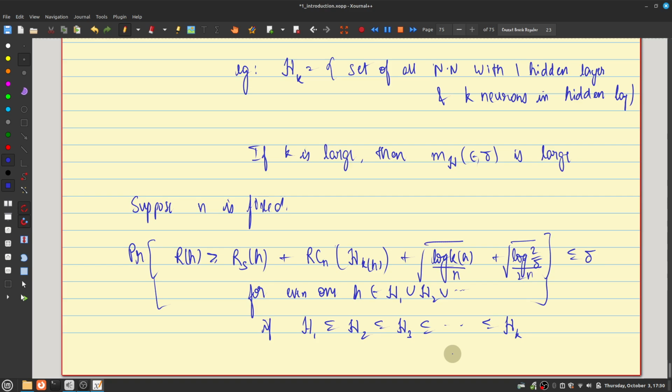So this is a bound that you can prove for this sort of growing class of neural networks, or growing class of hypothesis classes. And in fact, k doesn't even have to be finite. It could be an infinite increasing sequence of hypothesis classes.